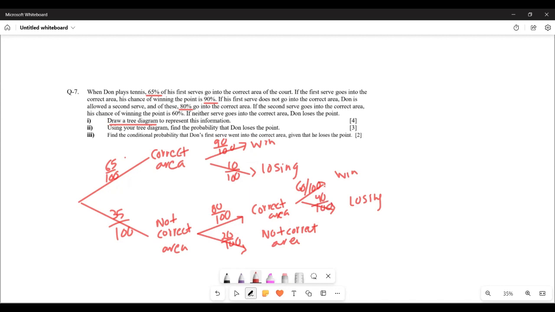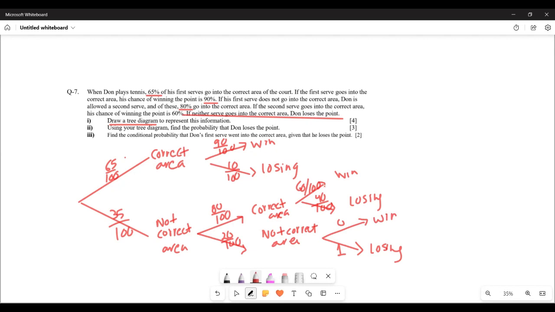If neither service goes into the correct area, Don loses the point. So अगर दूसरी दफा भी correct area में नहीं गया, तो वो फिर lose कर रहा है. तो उसका मतलब है losing की probability हो जाएगी 1. Because it's definitely losing. और फिर winning की probability हो जाएगी 0. Yeah, you can also write losing की probability हो जाएगी 100%.